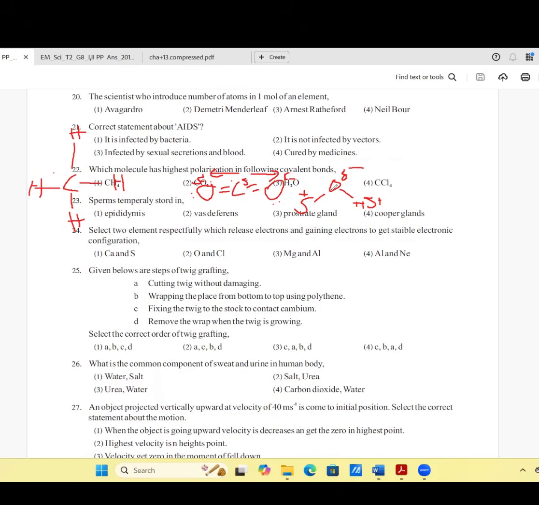But H2O is polar because all the electrons have been attracted towards oxygen. In CCl4, around carbon there are the same kind of atoms. Chlorine is electronegative, but all the chlorines are giving forces in 4 directions. So there's no net force towards any direction. Therefore this is also non-polar. Answer number 3.